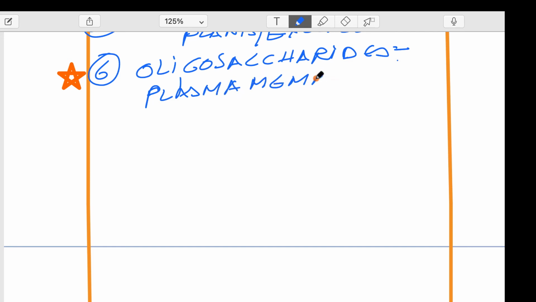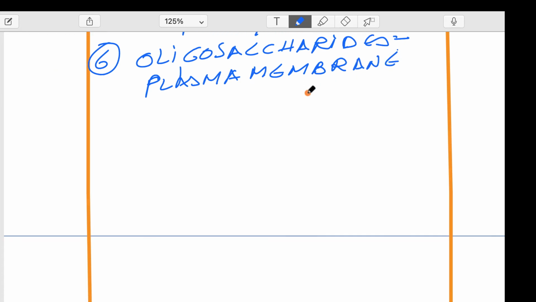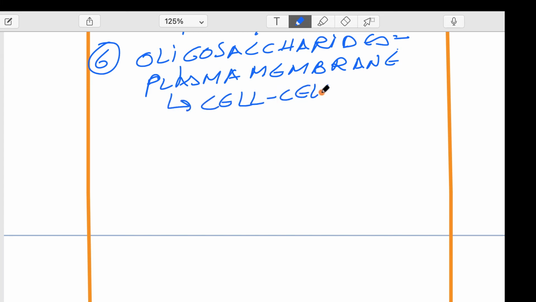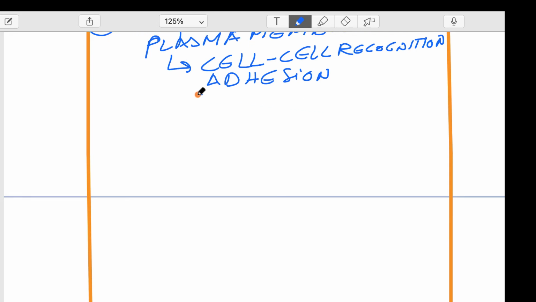Once they combine with the plasma membrane, they play a very crucial role. One is cell recognition. The next one is adhesion. The next one is cell migration.